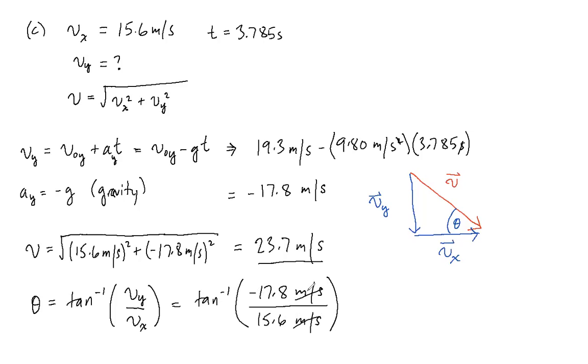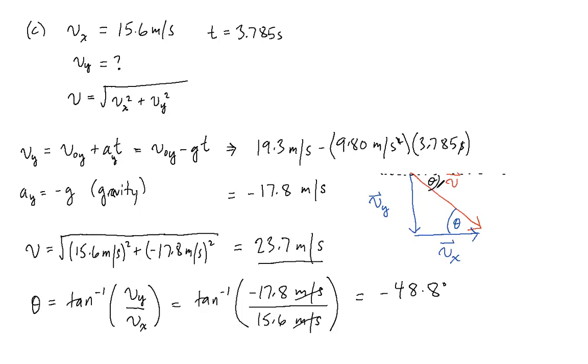Okay, so this is tan of this. You do this and you get negative 48.8 degrees. And so it's negative because, you know, if this is our horizontal axis, right, you see, that's a negative angle.